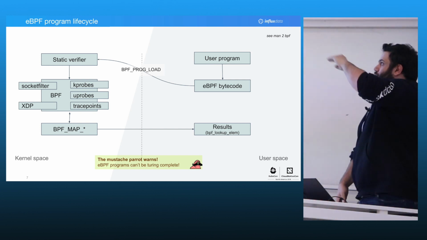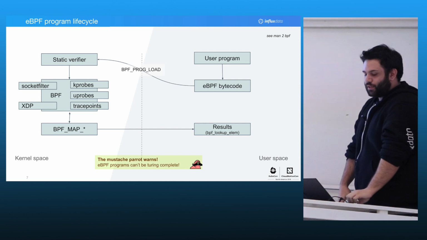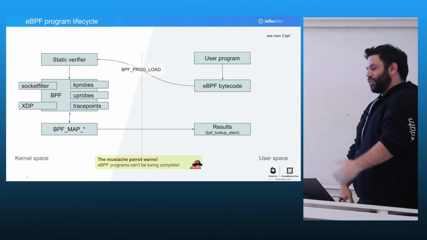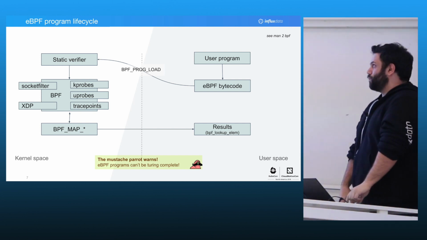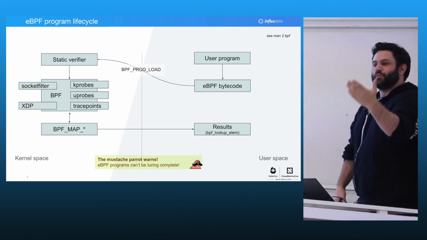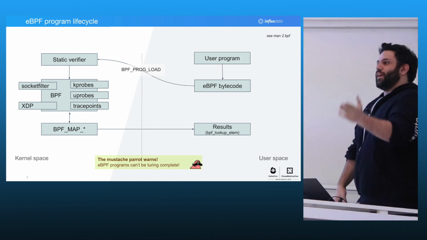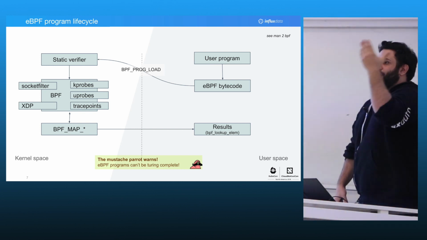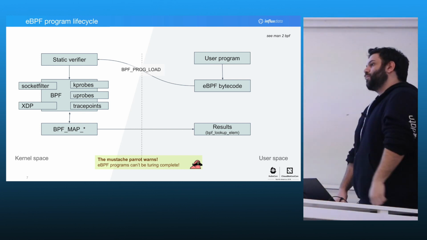That architecture is executed by the kernel virtual machine here, but before being executed it is passed through a static verifier that analyzes the program and understands if that program can actually harm the machine. So you cannot kernel panic this machine with a BPF program.